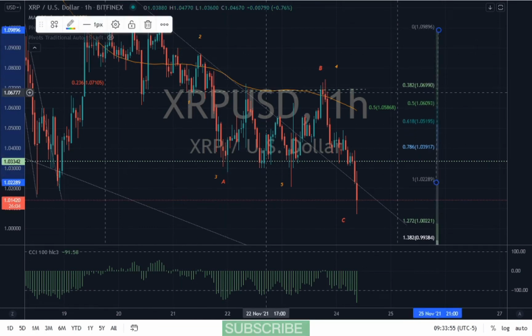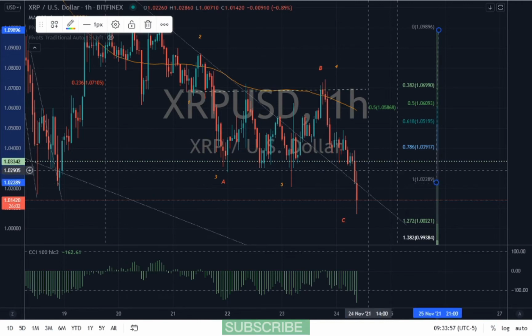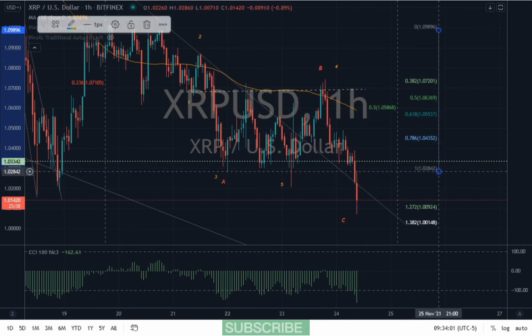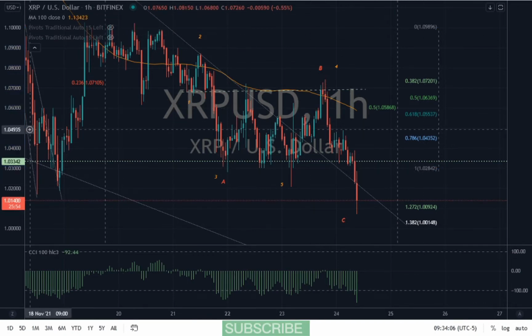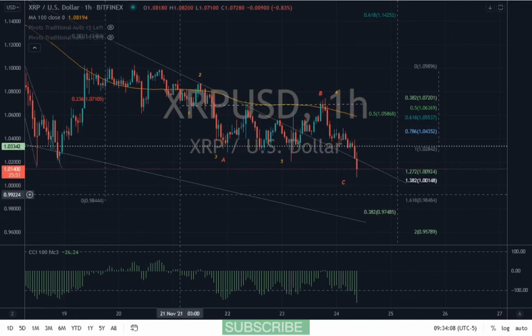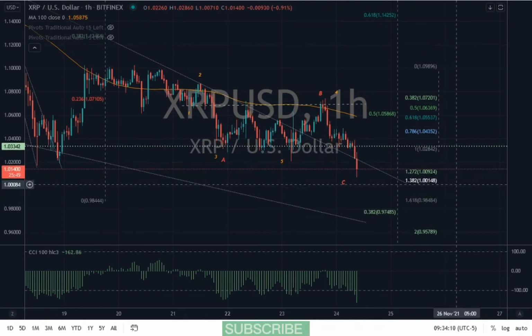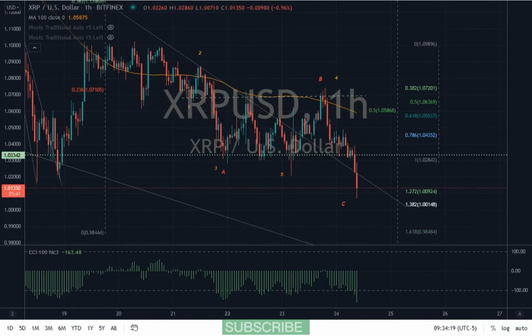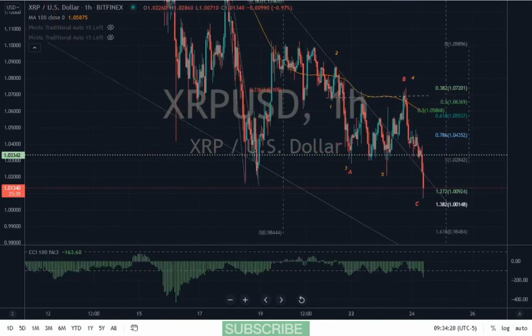Now there's an A and a B, the market is going to be doing a C, so of course you do projections right from the top of level A here all the way down to the bottom of B, and you get where that C is going to terminate. And you have these levels 1.01, we have 0.98 again, and at the most 0.95. We're looking at 0.98.